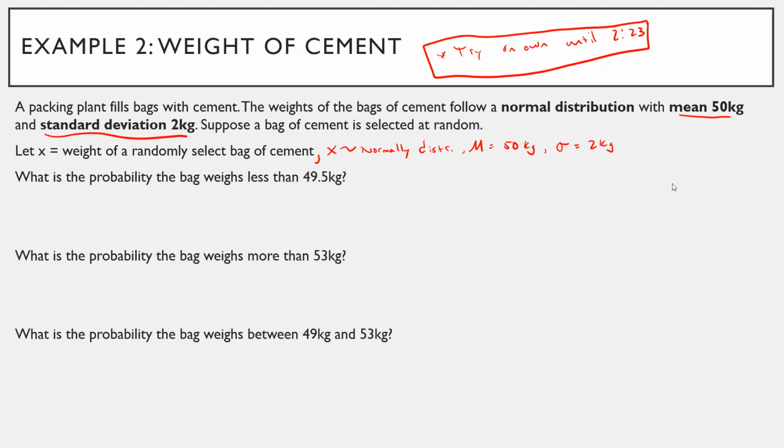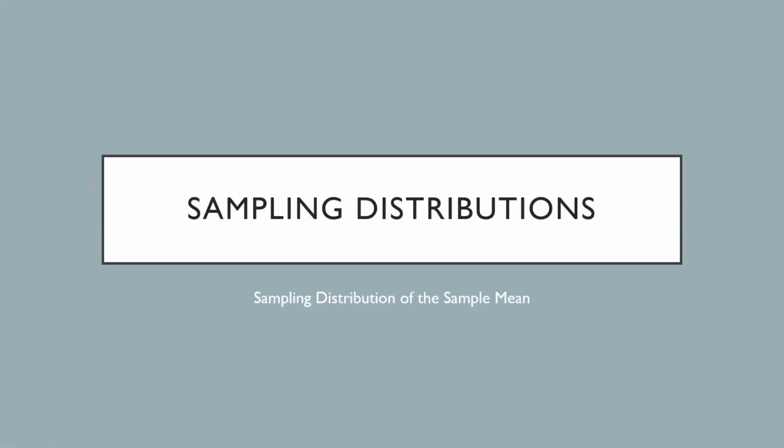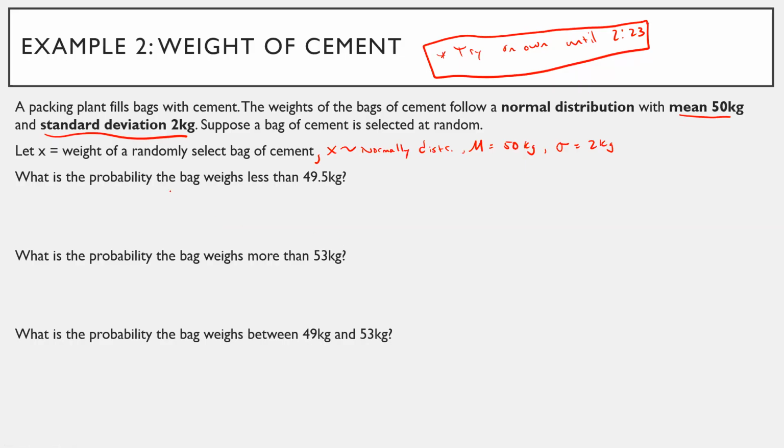All right. What is the probability the bag weighs less than 49.5 kilograms? So it's the probability that X, this bag, weighs less than 49.5.